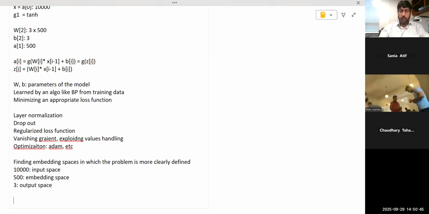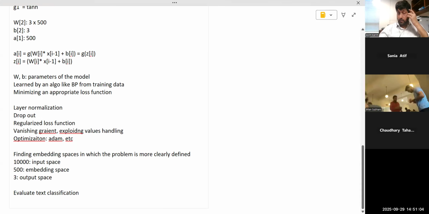Okay, now very quickly, let's see how do we evaluate classifiers, text classification? So some of this would be refreshed for many of you. First of all, if you remember, हमने एक loss function भी define किया था, which was cross entropy.